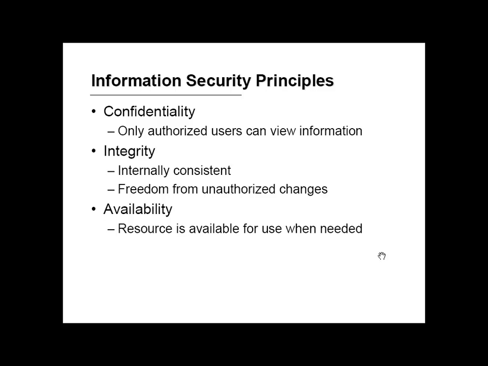And finally, availability is defined as the resource or the service being available for use when needed. And a prime example of an attack against availability is the distributed denial of service attack.